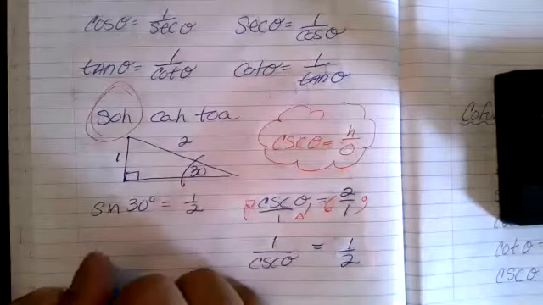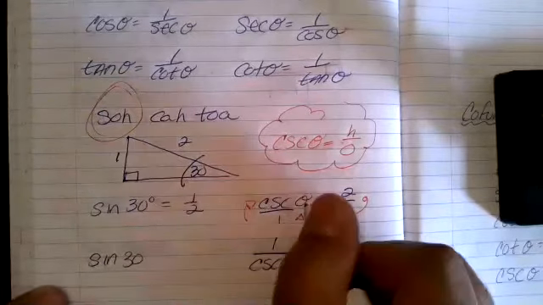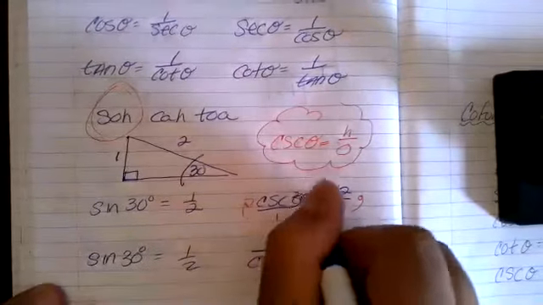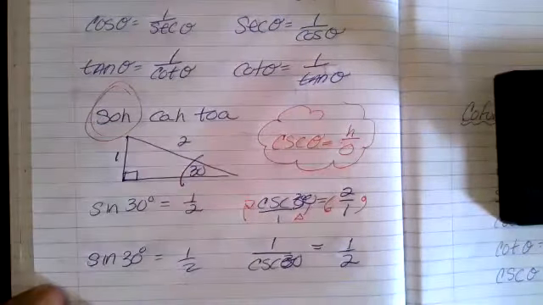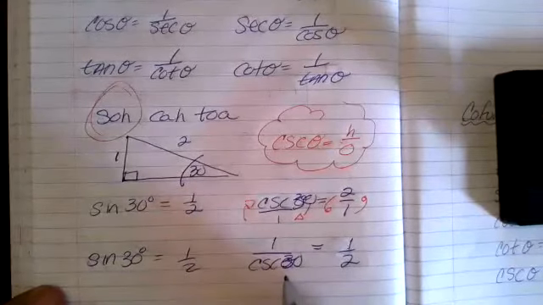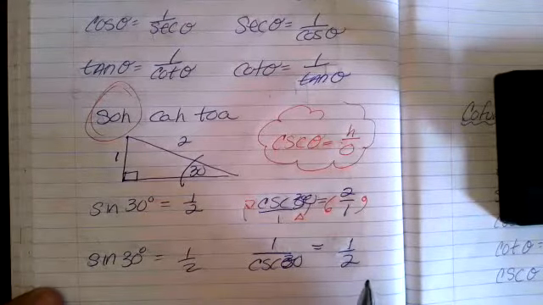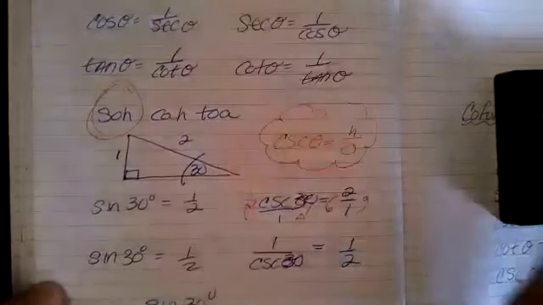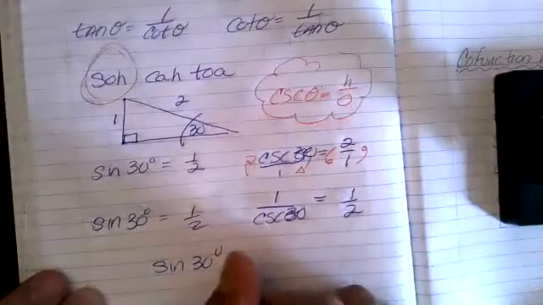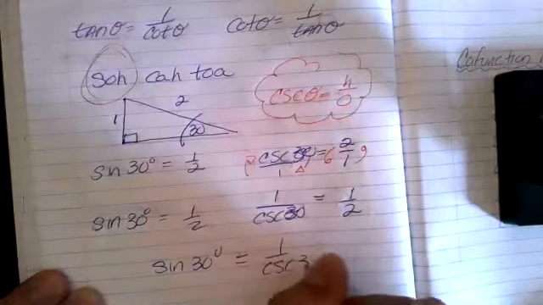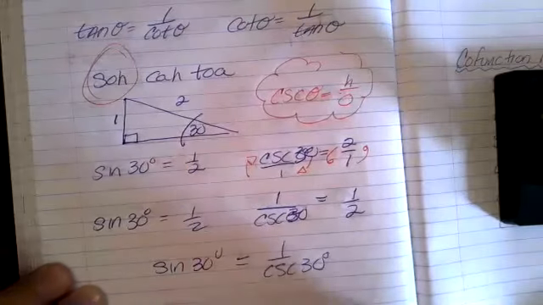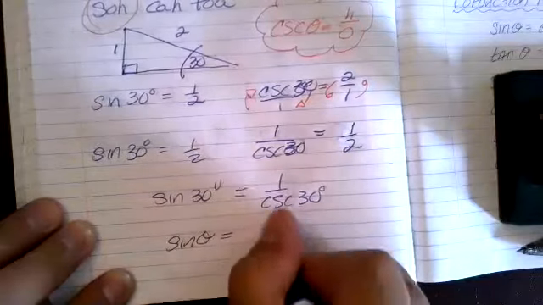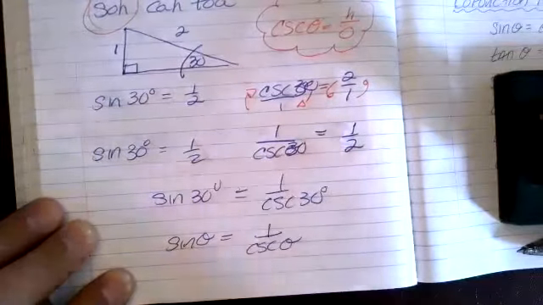Well, sine of 30 degrees is 1/2, this should have been 30 degrees, and 1 over cosecant of 30 degrees is 1/2, right? Then sine of 30 degrees is equal to 1 over cosecant of 30 degrees. Sine of an angle is equal to 1 over cosecant of that angle.